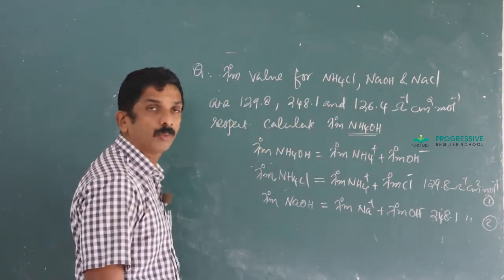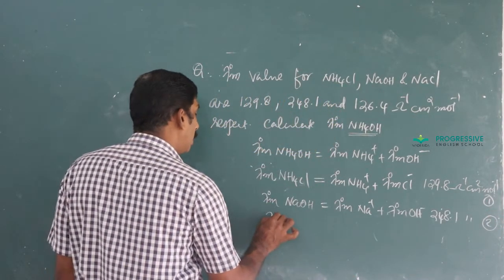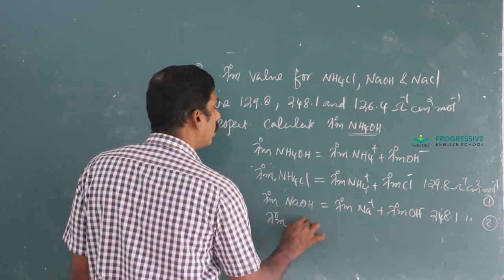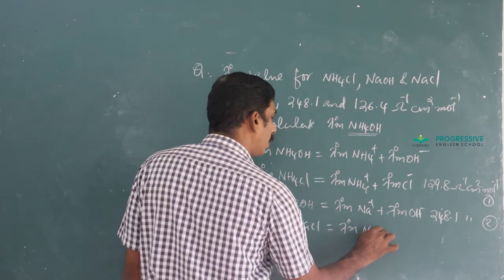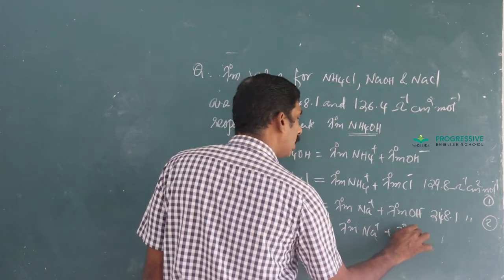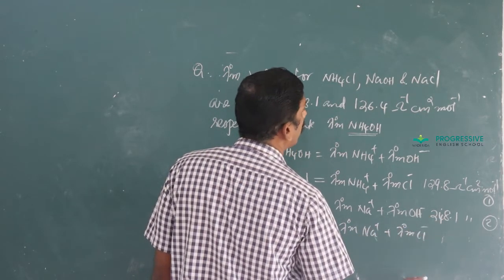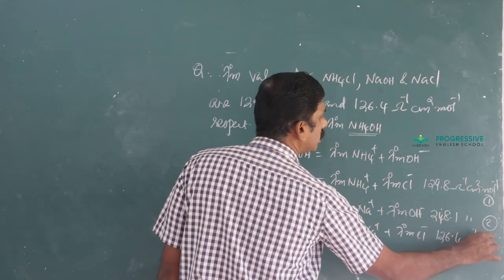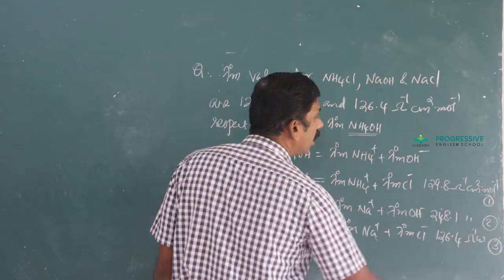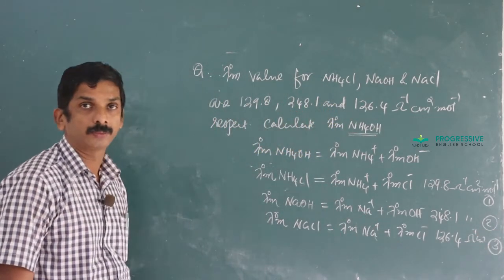Put it as equation number 2. And the third one, lambda 0m NaCl equals lambda 0m Na plus plus lambda 0m Cl minus, 126.4 ohm inverse centimeter square mole inverse. Put it as equation number 3.